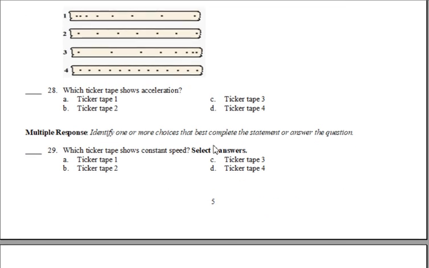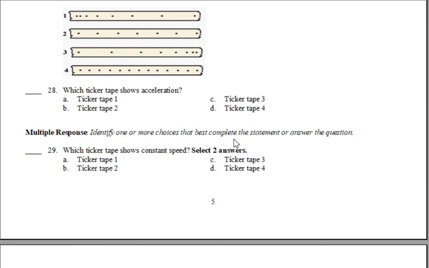Okay, number 28 and number 29 go with this picture that you see right here. Number 28, which ticker tape shows acceleration? A, ticker tape 1, B, ticker tape 2, C, ticker tape 3, or D, ticker tape 4?